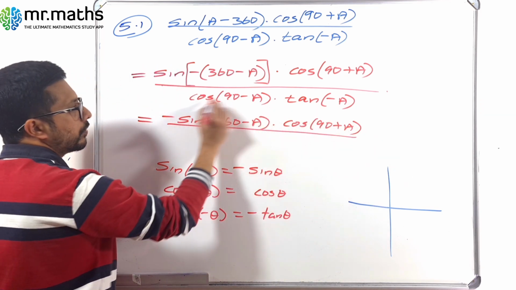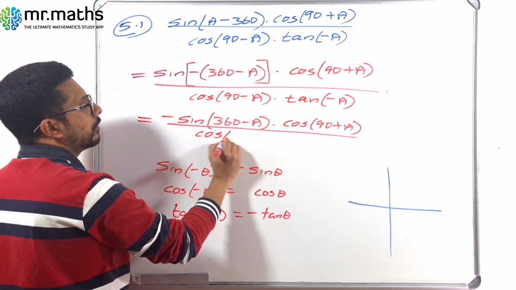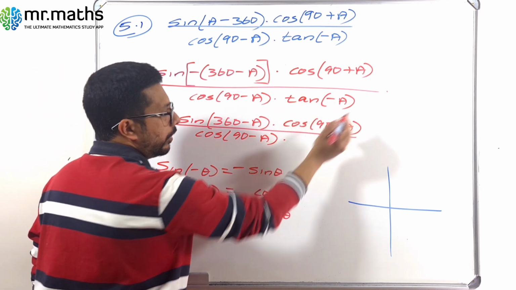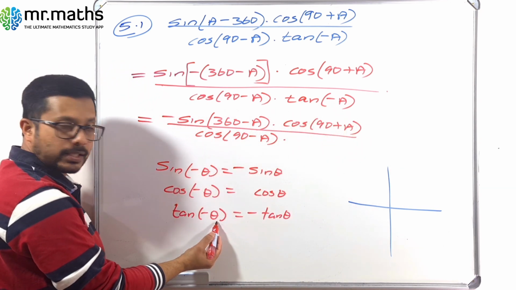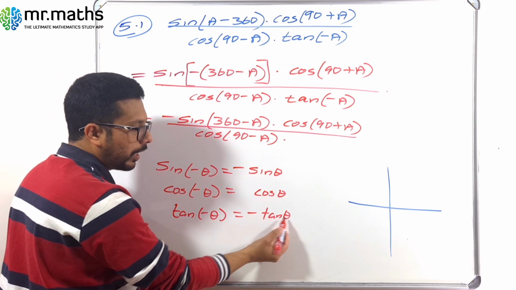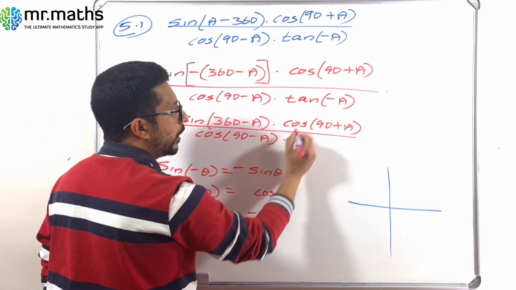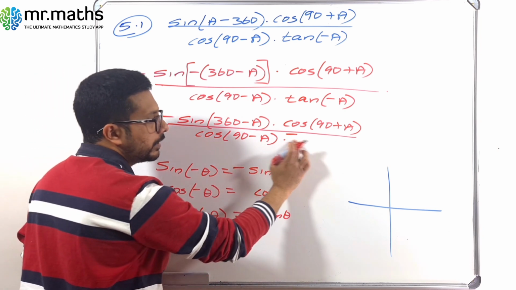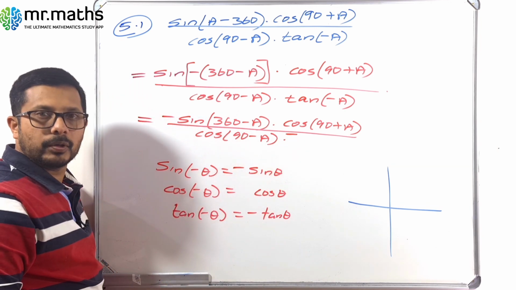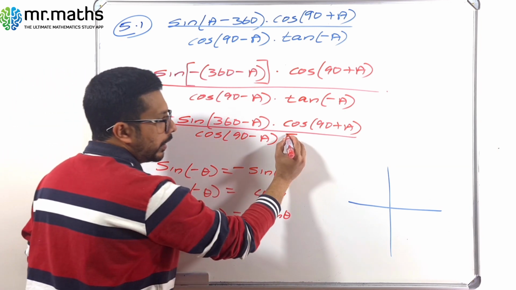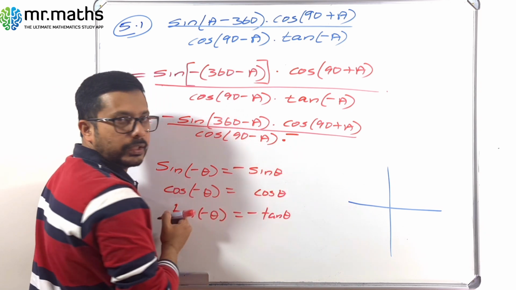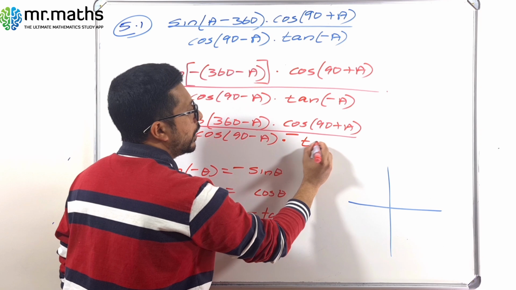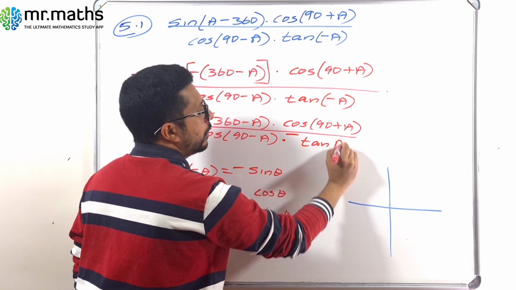Then cos of 90 minus a, and here, as I already told you, tan of minus a is minus tan a. Look at where I am going to put the minus. Don't write it here, because next step maybe you will be confused. Put the minus on top there because it is multiplication here, to avoid mistakes. So it is minus tan a.